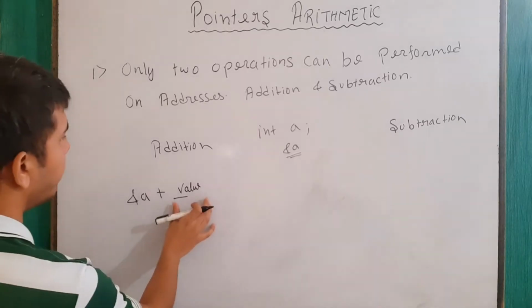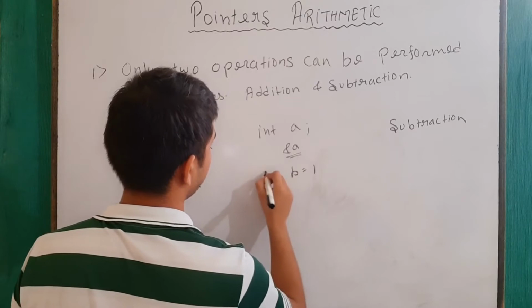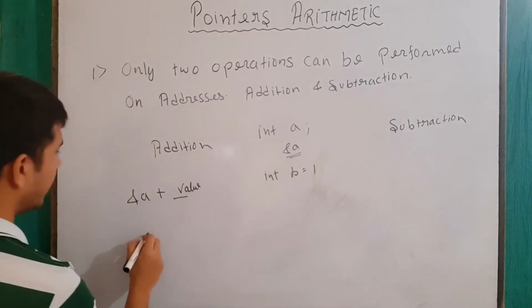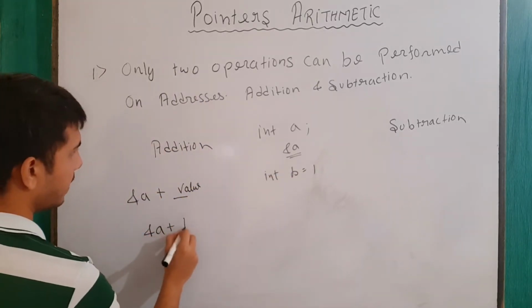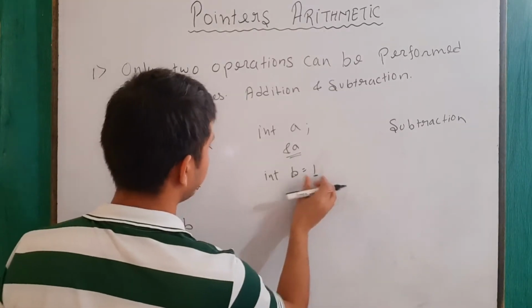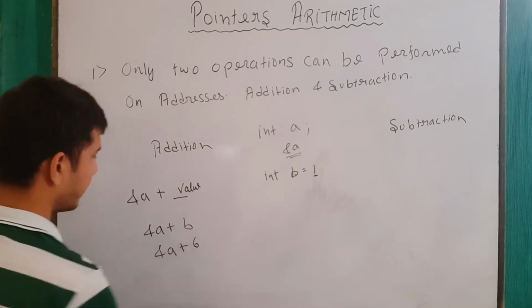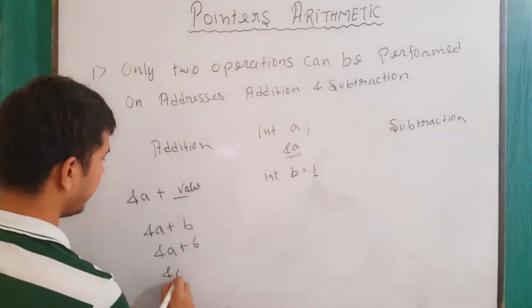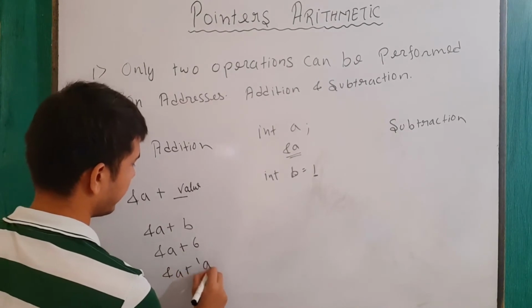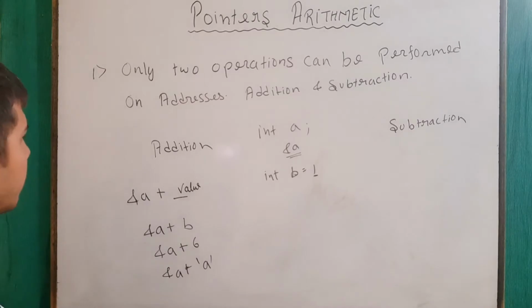By value I mean that, let's say, here is b equals 1 also. Now here I can do &a + b, since b is holding the value 1. Similarly, I can perform &a + 6, and &a plus a character, let's say 'a'. So these things are allowed when we talk about addition.